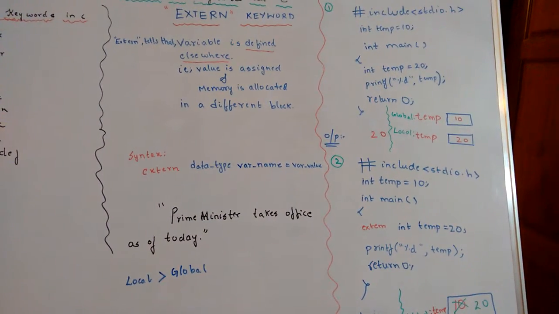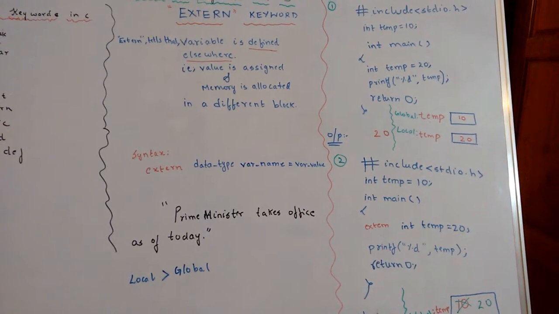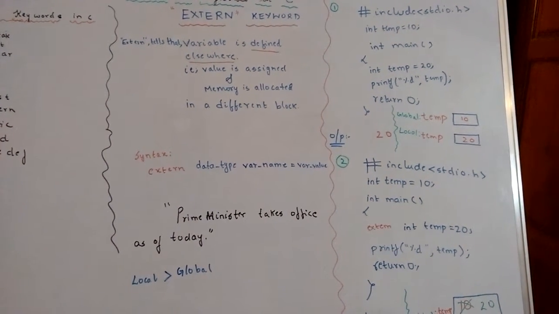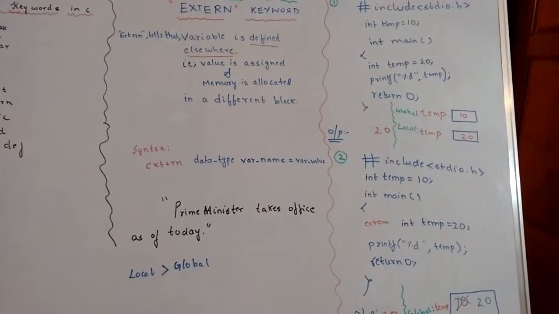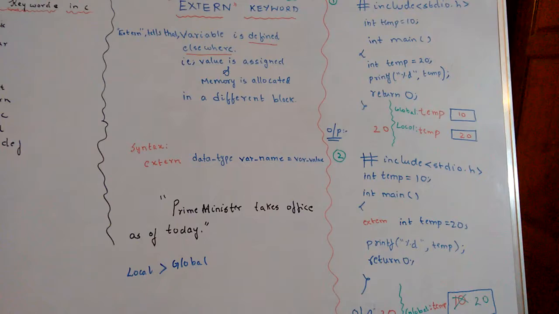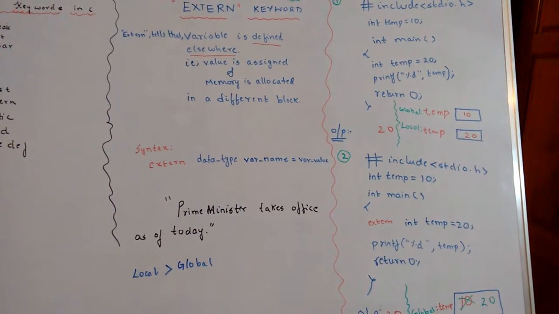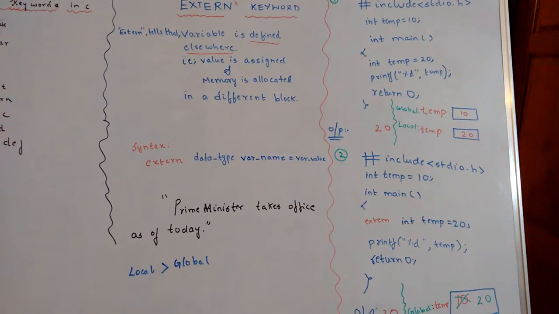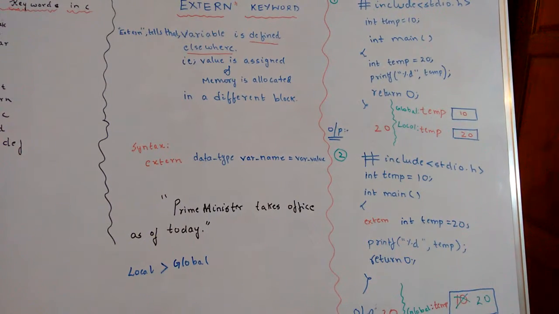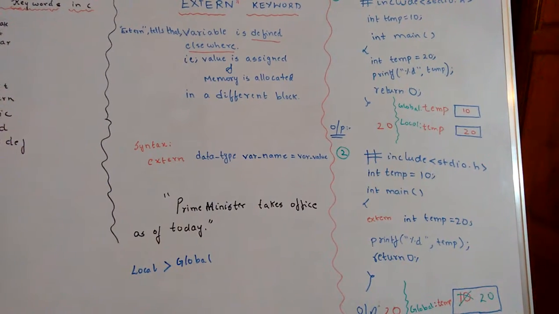Not only in C language, assume that, when you look at the middle part of the board after the syntax, I've just written a small headline of today's newspaper, in which it said, Prime Minister takes office as of today. Me being an Indian, I obviously would think it's the Indian Prime Minister.